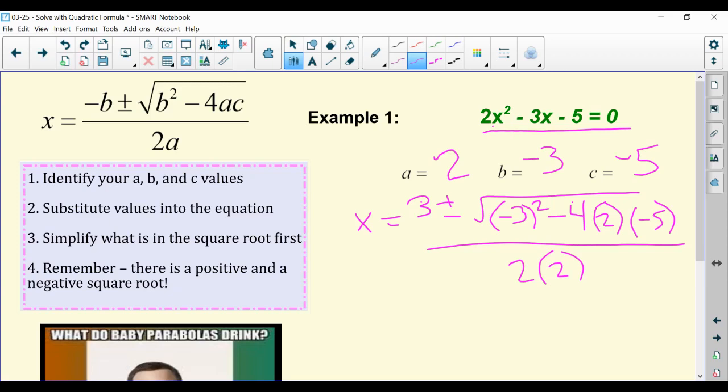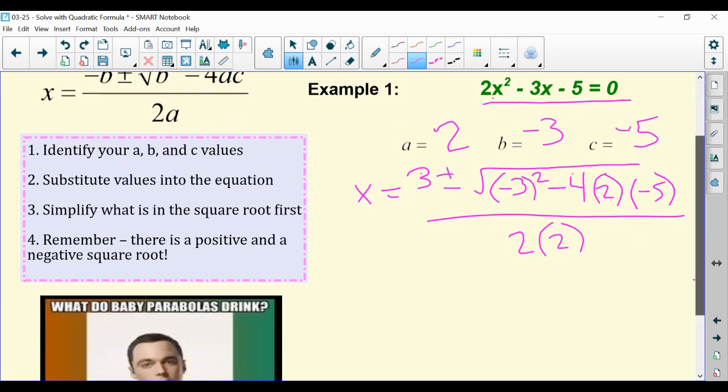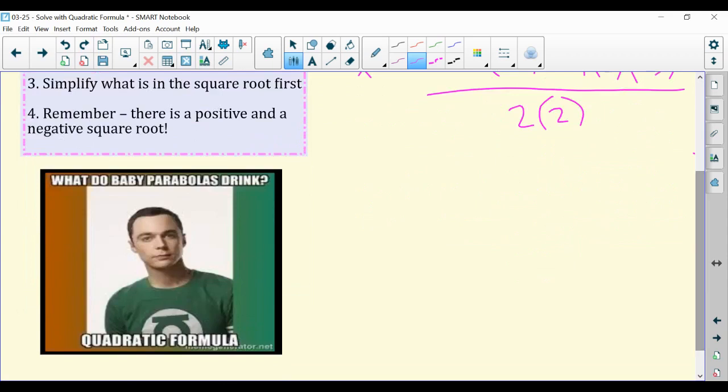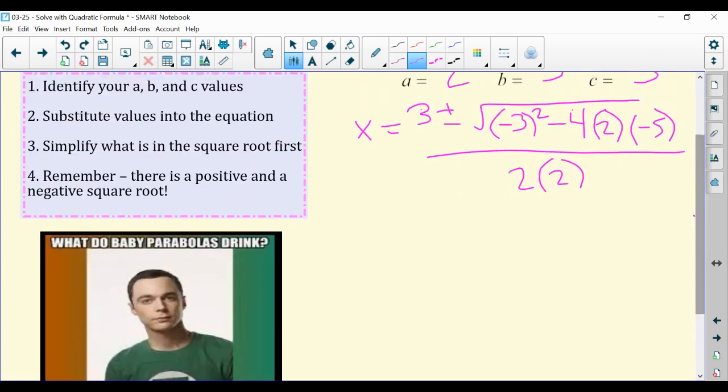Now I'm going to simplify what's under the radical. Starting with that negative 3, when we square negative 3, we get a positive 9. So x equals positive 3 plus or minus the square root of 9.